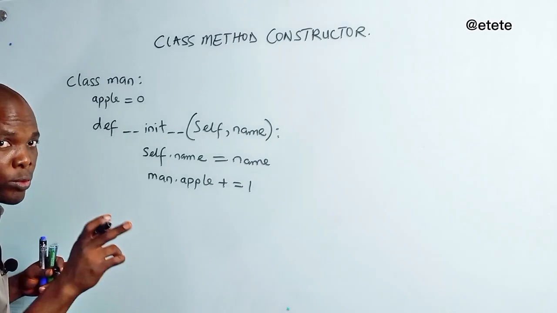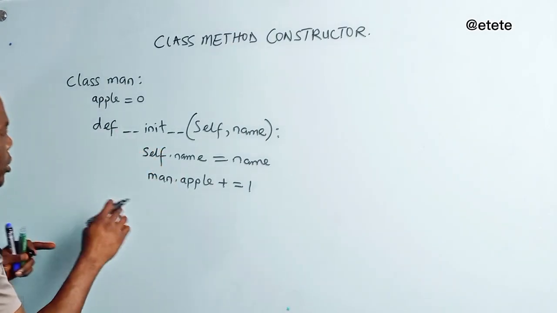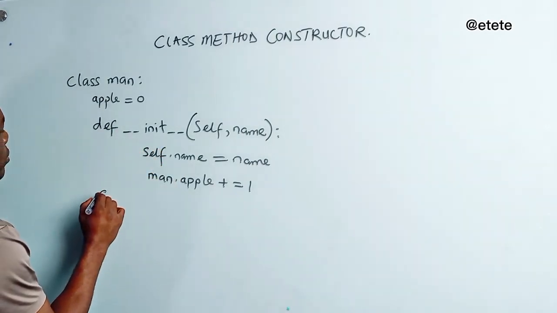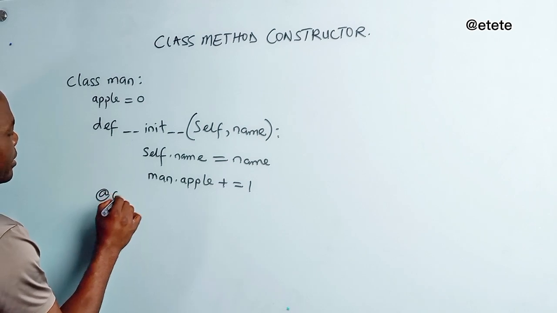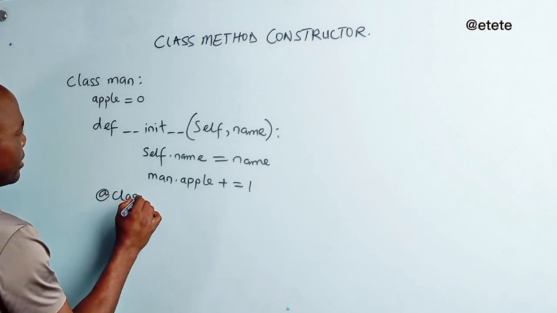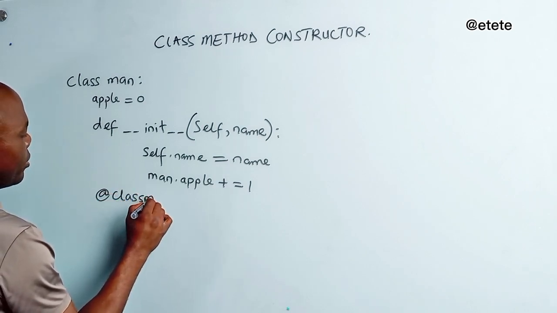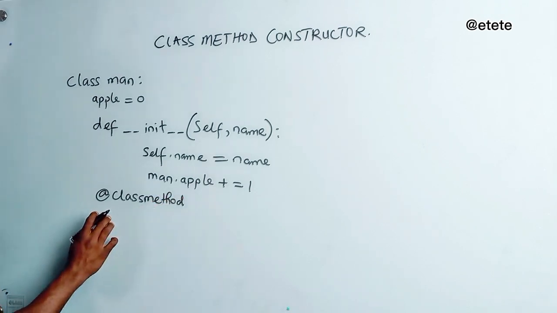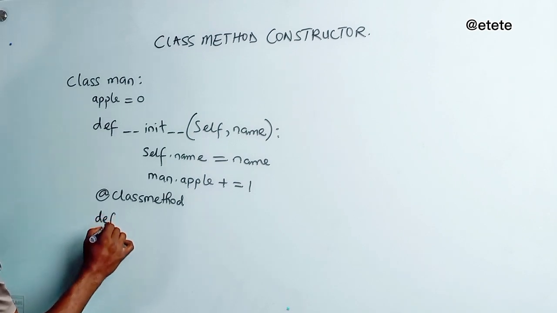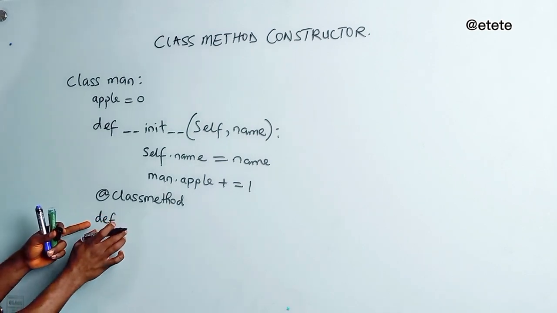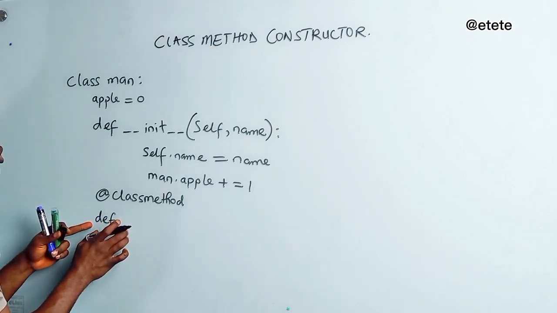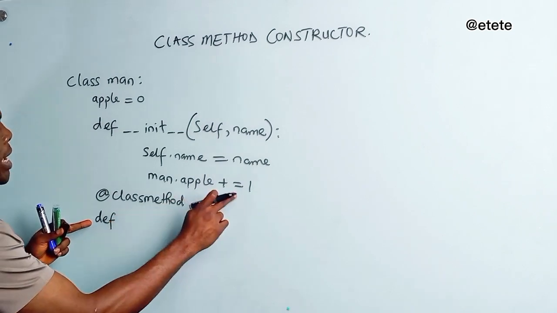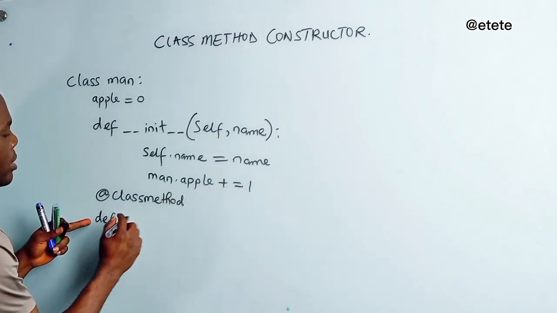So to achieve that, we'll use the decorator. So first, we'll now define this class method, and then we'll come here and we'll say def define. So what are we going to show here? We want to show the count of this apple, right?